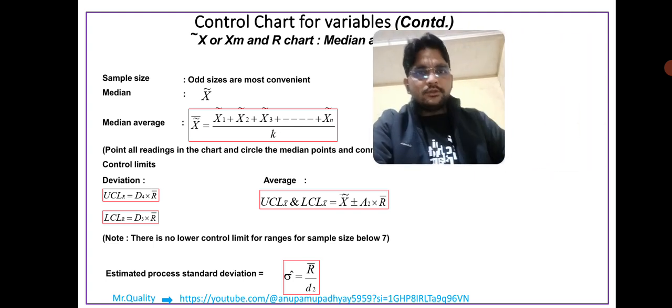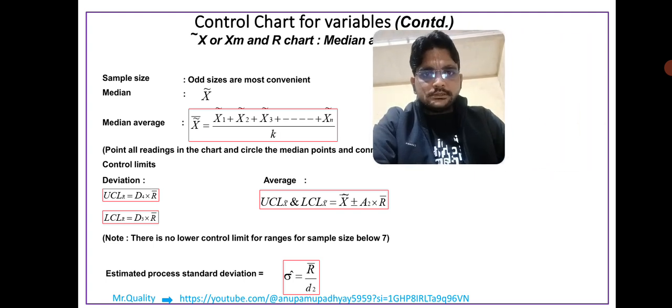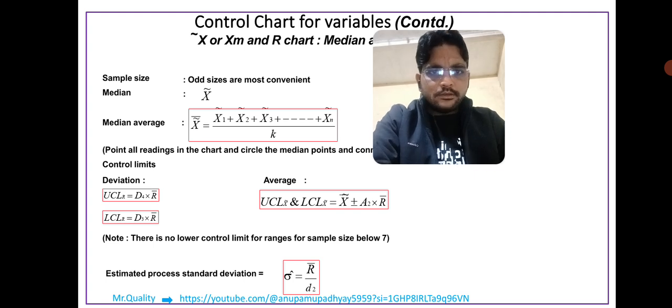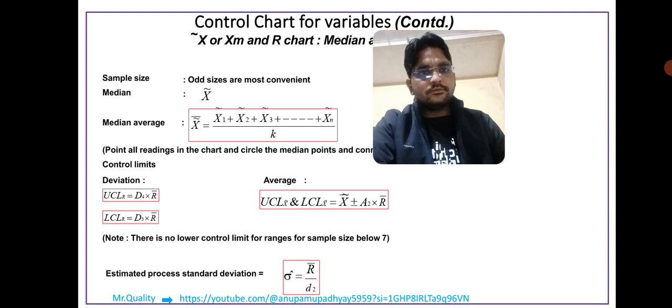For the range chart, the upper control limit is D4 R bar, and the lower control limit is D3 R bar, as usual.